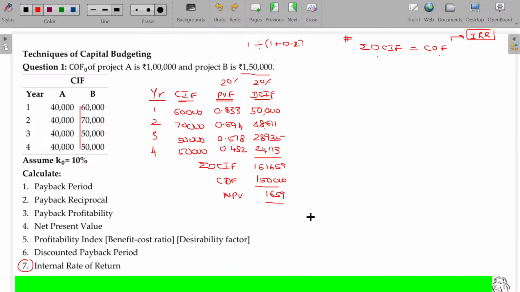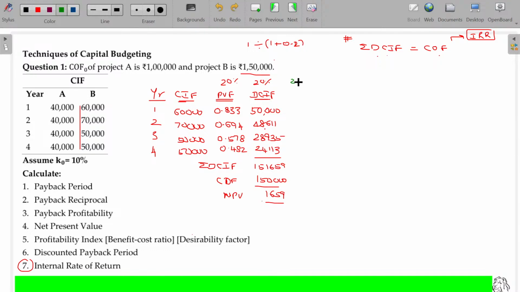You are discounting with 20% to arrive at 151. You have to discount further, means you have to raise the rate to 21%, 22%. If you are increasing the discounting factor, the value will be discounted more. To reduce this summation of discounted cash inflow to the cash outflow, I have to increase the discount factor. So I may go for 22%.